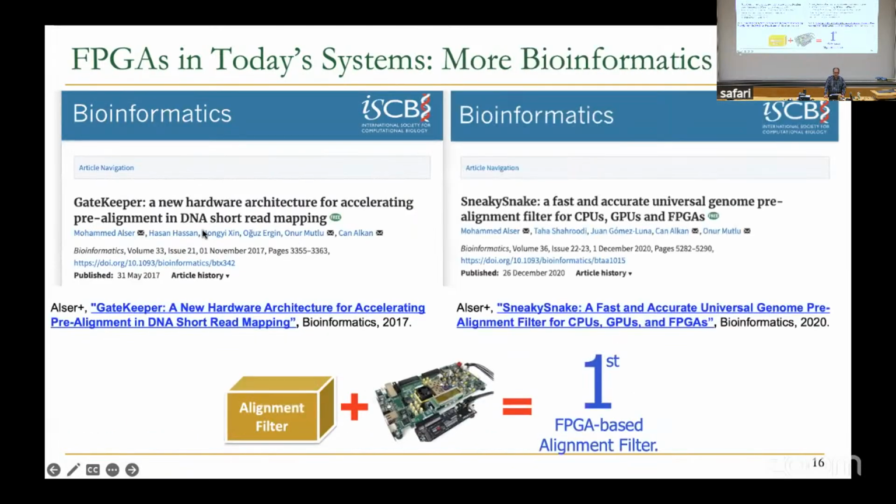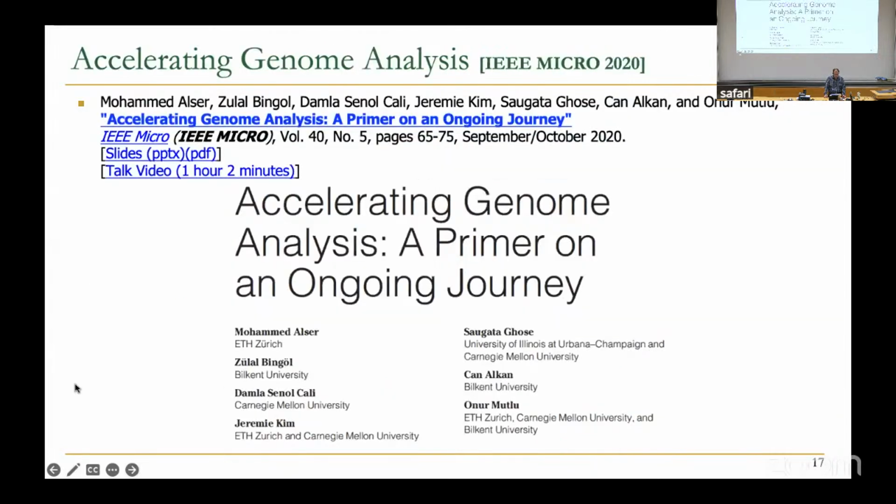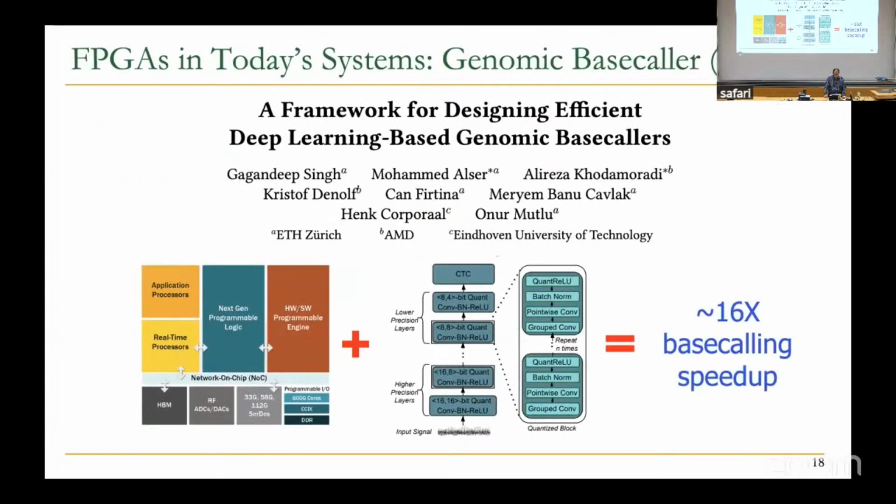And in our group, we have used FPGAs in many of our studies. These two papers, Gatekeeper and Sneaky Snake, are both FPGA-based accelerators for bioinformatic applications, and you can learn more about them by checking these papers. We also use FPGAs for other applications.